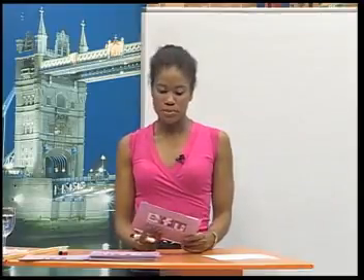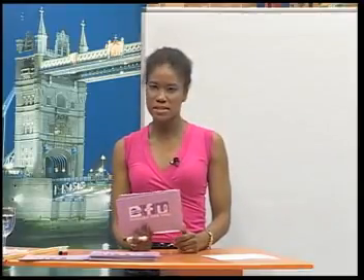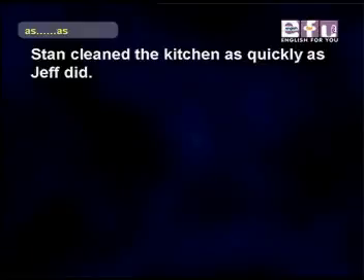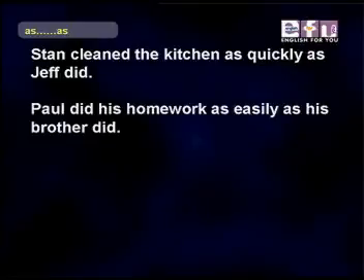Now let's look at as with adverbs. Take a look at some sentences. Stan cleaned the kitchen as quickly as Jeff did. Next, Paul did his homework as easily as his brother did. Next example.